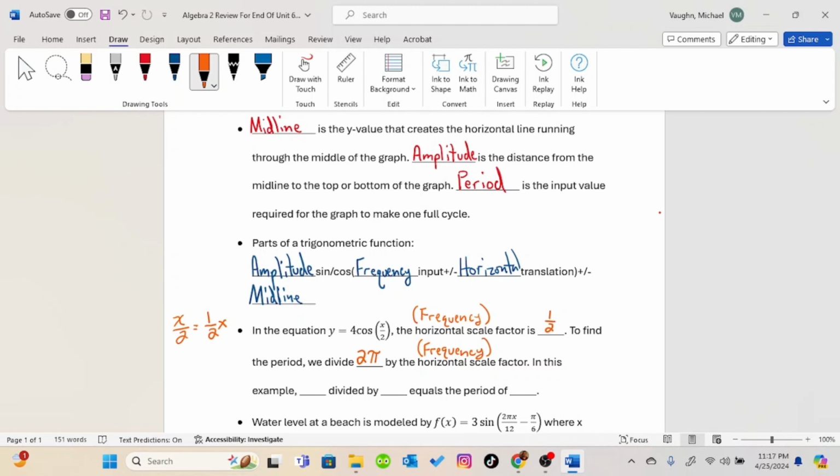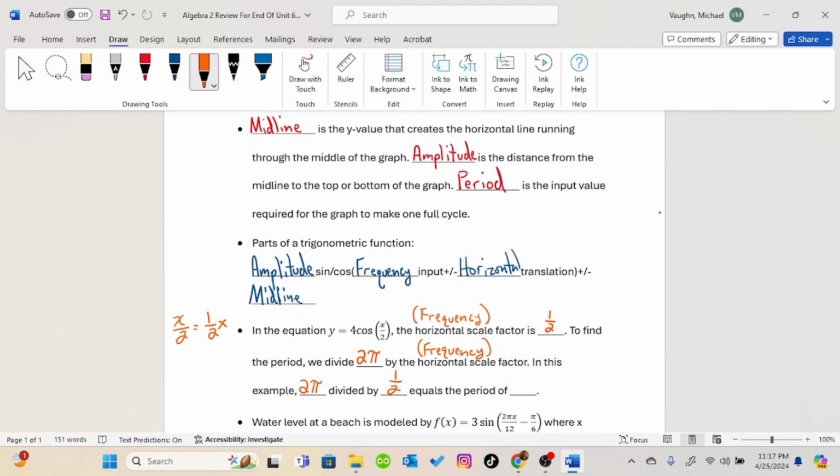In this example, blank divided by blank equals the period of blank. So we said we are going to take 2 pi and divide it by 1/2.